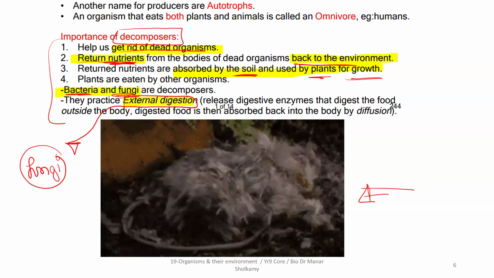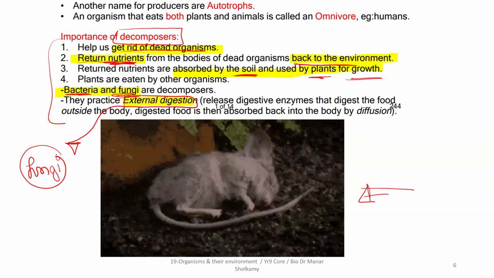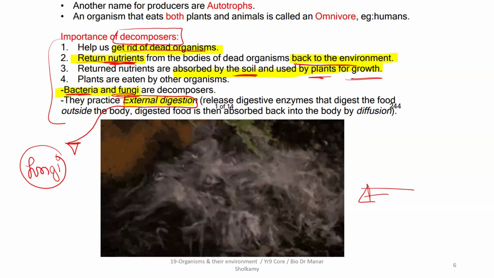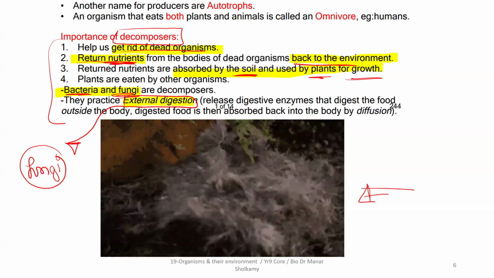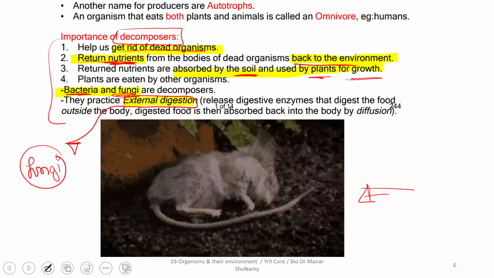They eat dead organic matter and they have lots of advantages because we get rid of the dead bodies, because the organic matter in the body of the dead organism goes back to the earth. It will be absorbed and the plants will reuse it, etc. How do they digest dead organic matter? By external digestion. This has another name, saprophytic digestion.